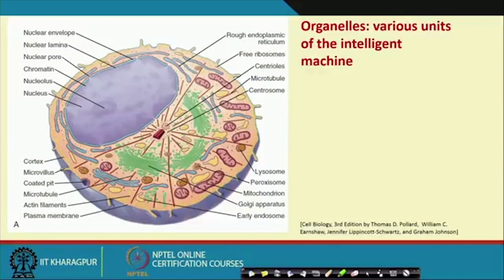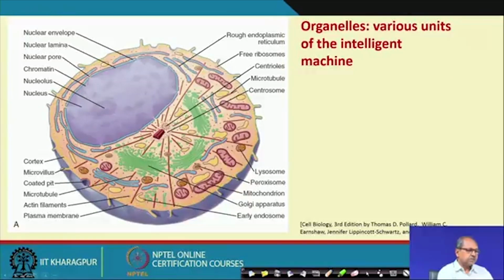Now, if you look at what the parts of a living system are, this is the unit of the living system, the cell. Here, mainly mammalian cells are described. This is the boundary between the external and internal of the cell, made up of lipids, mainly phospholipids.